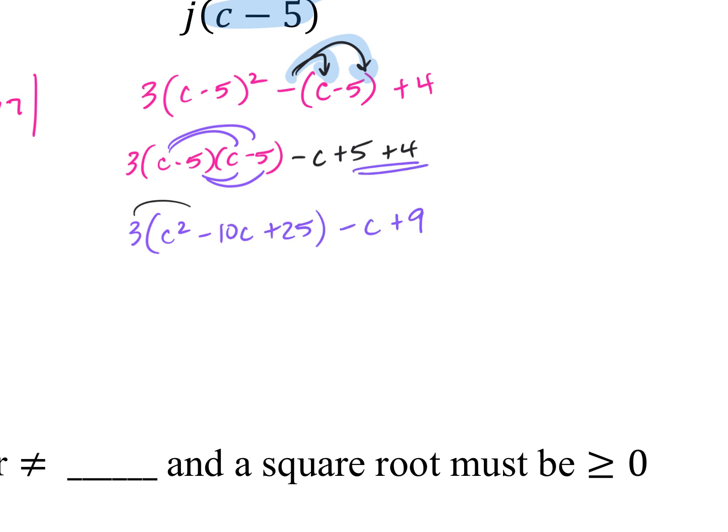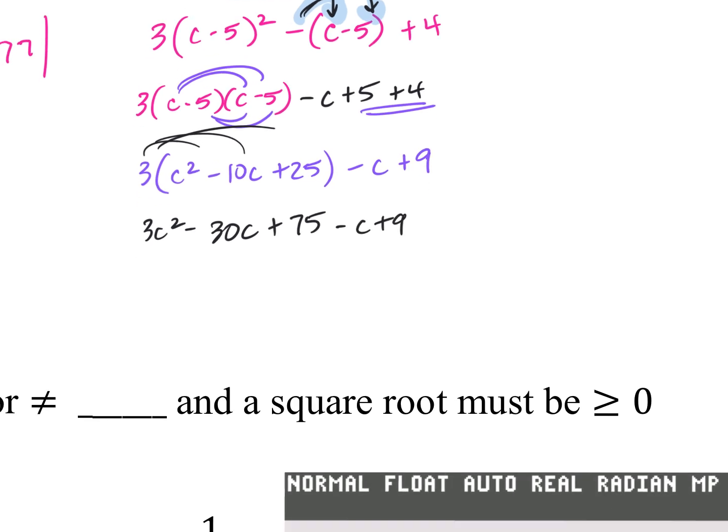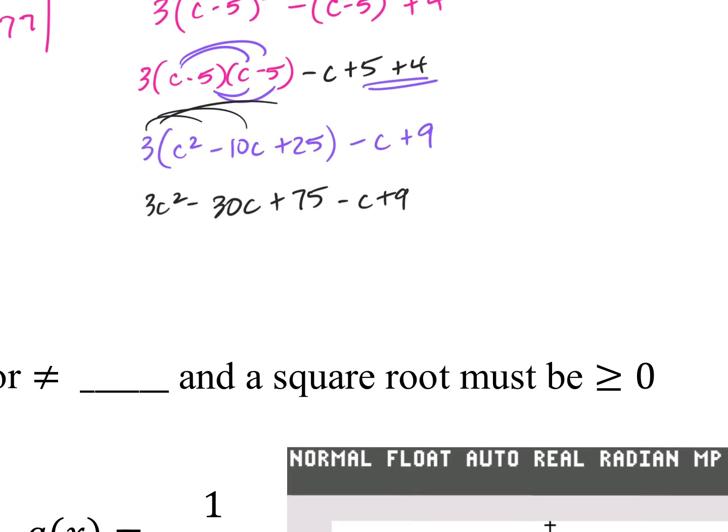Now I'm finally going to distribute my 3. And I've got 3c squared minus 30c plus 75, minus c plus 9. Okay, you guys, when we combine like terms, we've got negative 30c minus 1c.